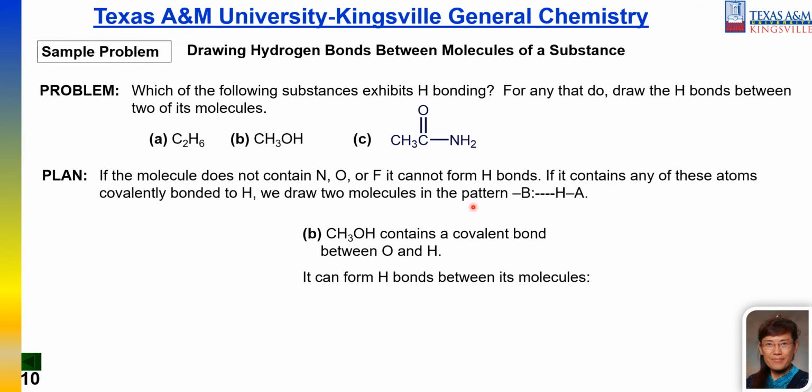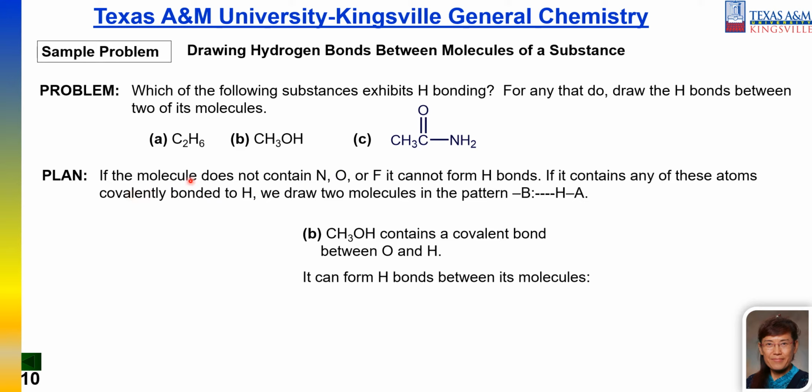And also, we have several examples to show the existence of hydrogen bond. I have 3 molecules. First one, C2H6, called ethane. Second one, methanol. Third one, CH3CONH2. So what's your plan?